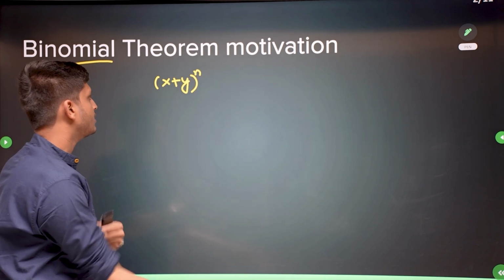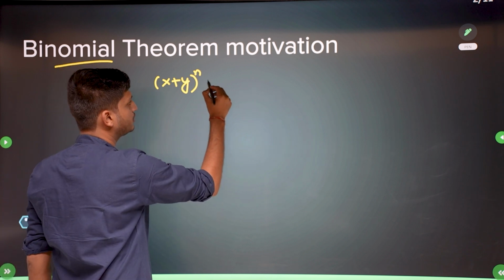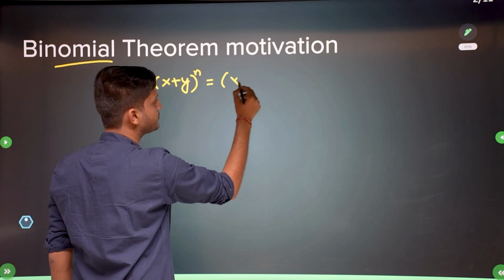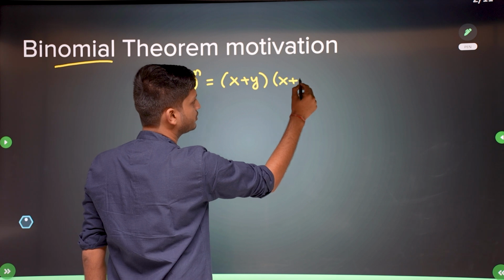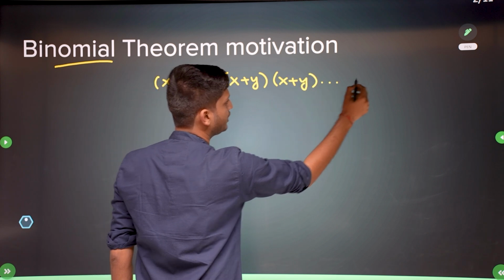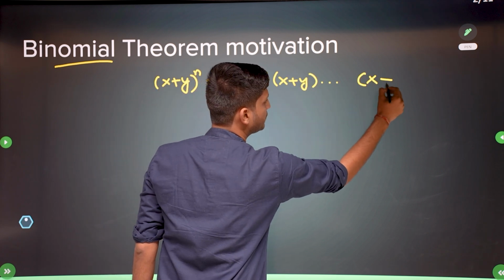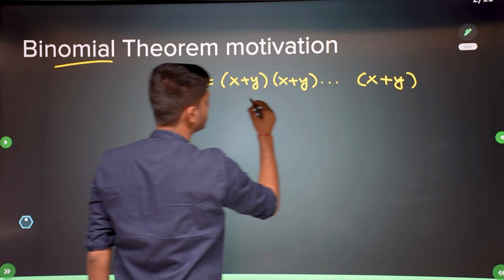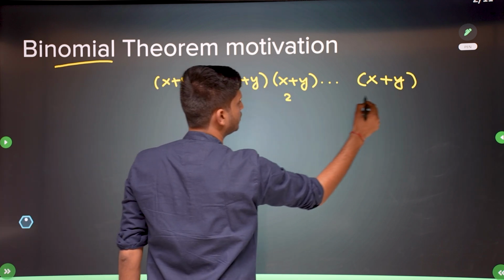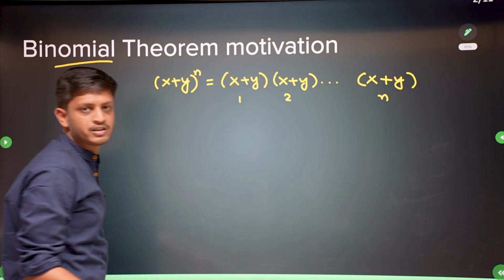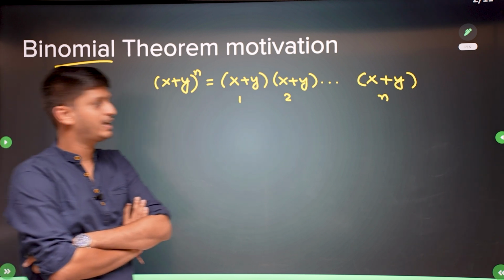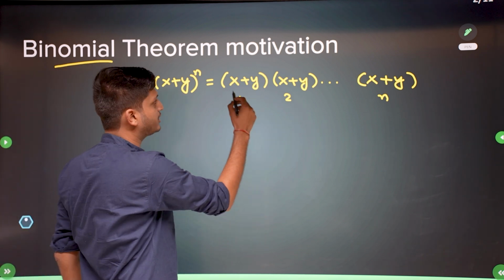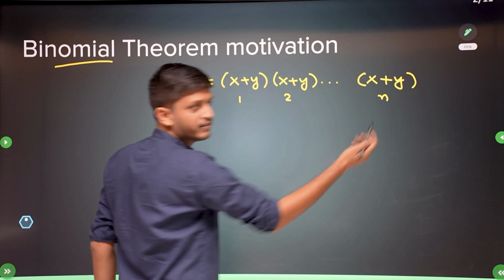Here we are multiplying x plus y with x plus y, then again x plus y, and so on. Basically, we are multiplying the x plus y bracket n times, 1, 2, up to n times. So when we multiply, what will we get? If we take x from everything, x into x into x, we get x to the power n.